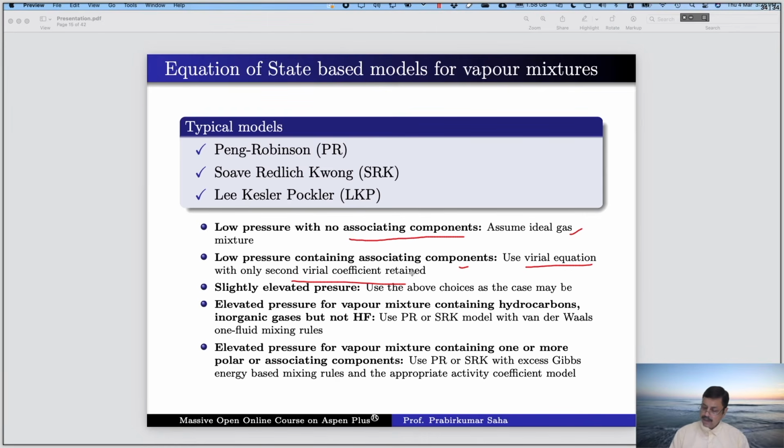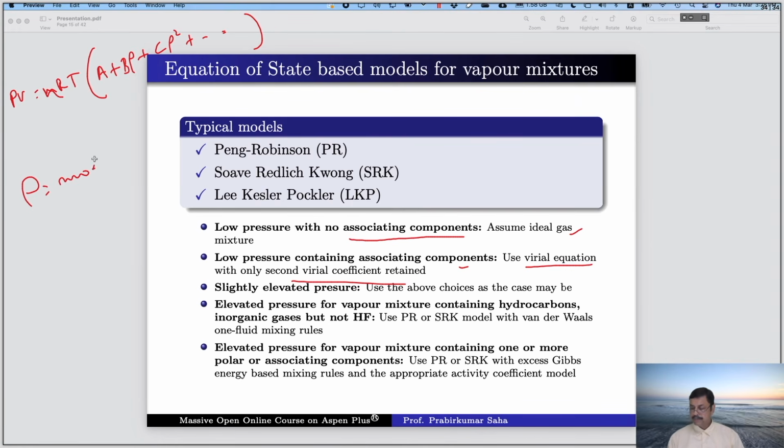For ideal gas law, we know it is PV is equal to nRT, and virial equation is nRT into A plus B into rho plus C into rho square plus and so on. And this one, rho is equal to molar density. Actually, this is nothing but the compressibility factor.